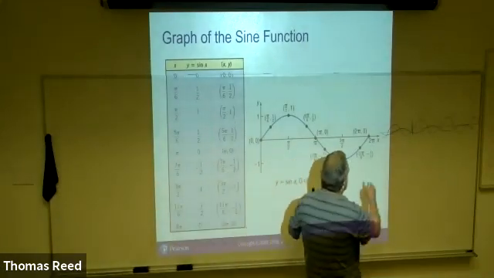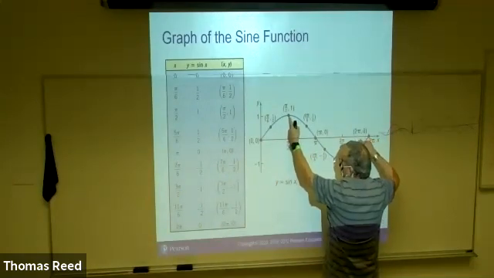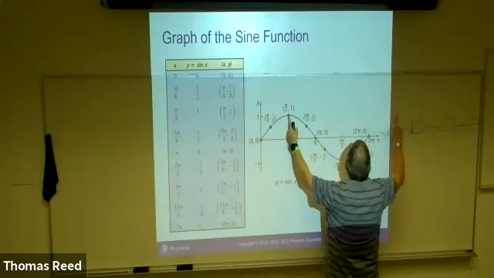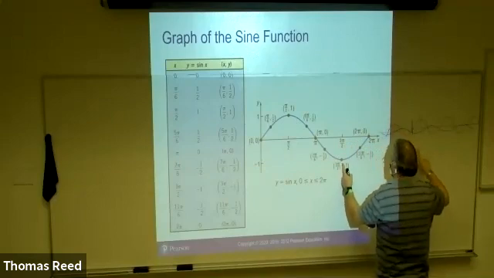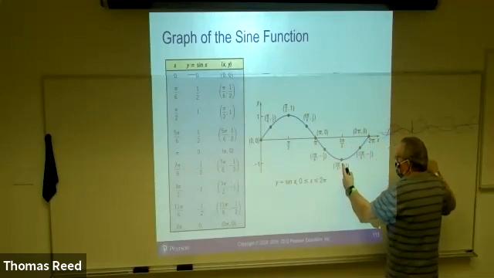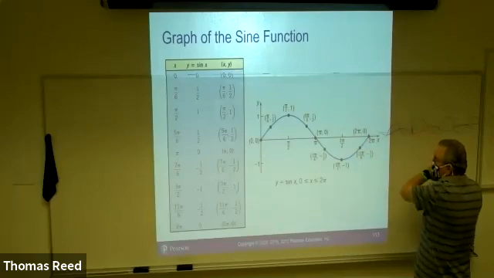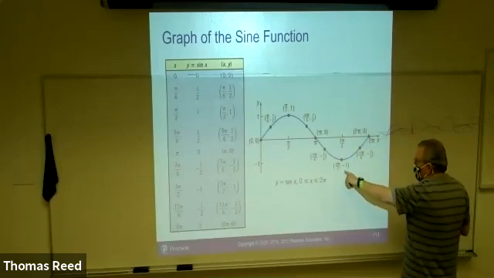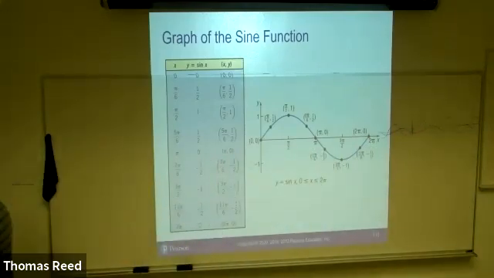If this graph continued, the next place it hit the maximum value would be 2 pi away, 1 period away. And another period away, it'll hit the minimum value. So these high points are 2 pi apart, and the low points will be 2 pi apart as well.